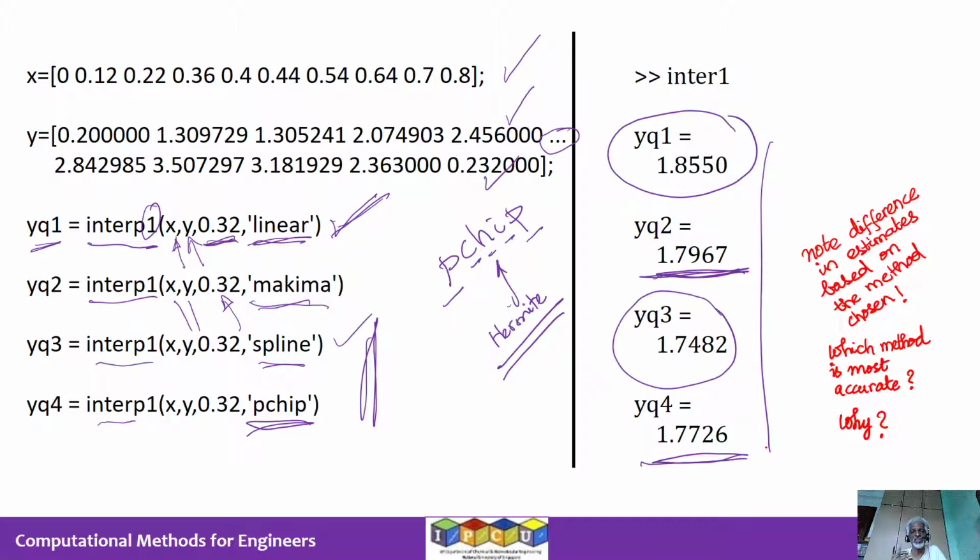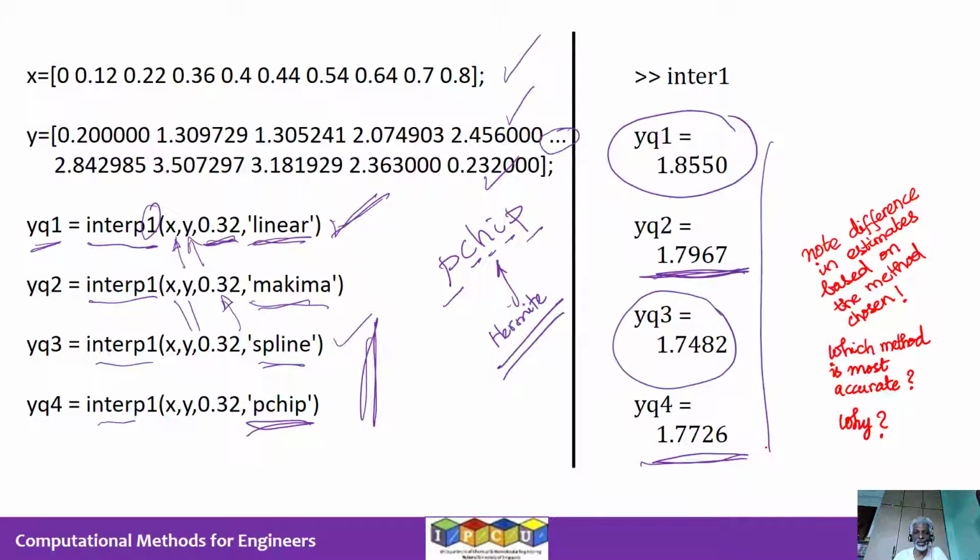Since the kinds of functions we use to approximate the data vary, and we also have the option of choosing different numbers of data points, I talked about global, local, and using 2 data points, 3 data points, 4 data points, etc. So you have different ways of constructing the interpolating function, and therefore you get different results.